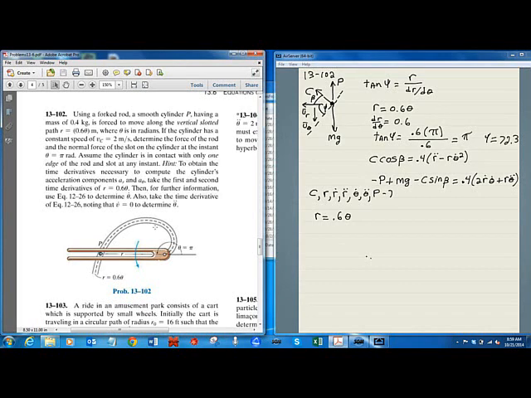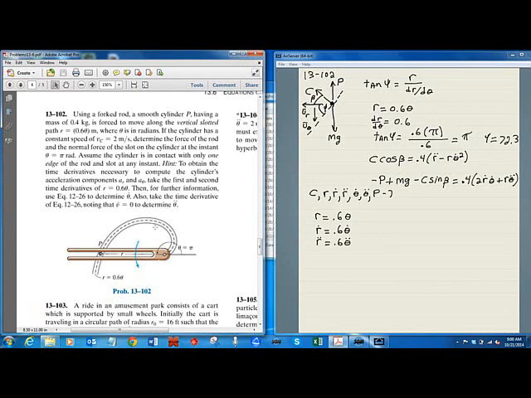Then I can easily take a derivative of that, so that r dot is equal to 0.6 theta dot, right? And then I can take another derivative, r double dot equals 0.6 theta double dot. Okay, so now instead of 2 equations, I now have 5 equations. So I'm sneaking up on it.